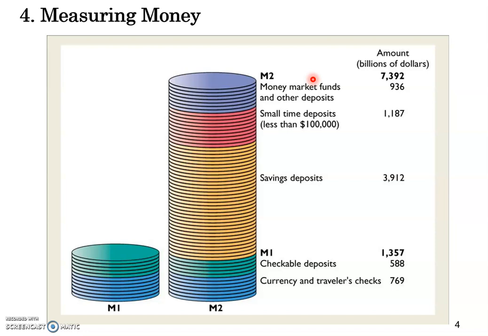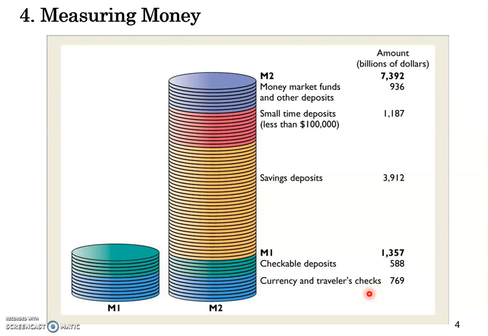And this chart shows you the examples for the U.S. economy. Okay, and here on your left-hand side, we see M1. That's one of the measures of money supply, and you find that M1 here includes the currency, in other words, cash in our pocket, and traveler's checks.